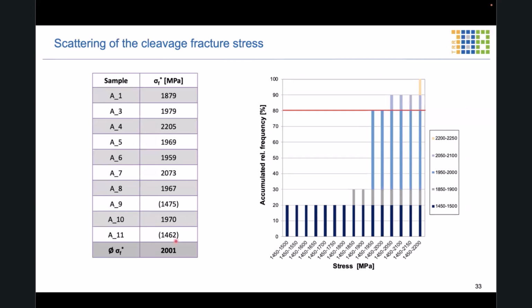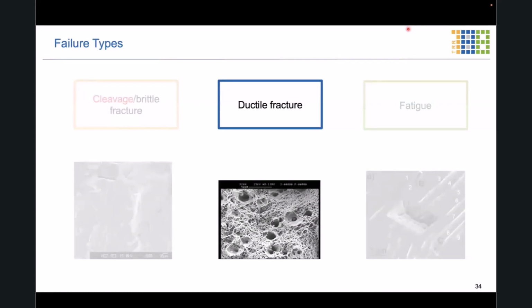In this example, from 1,462 megapascal to 2,205. So you also need statistical approaches, but they will not be discussed in detail in this lecture. Of course, also ductile fracture could simply be continued during the operation phase of the component.